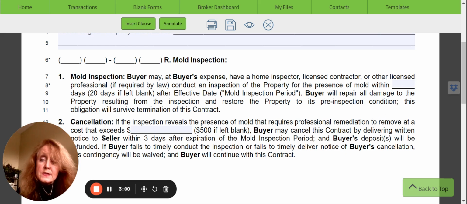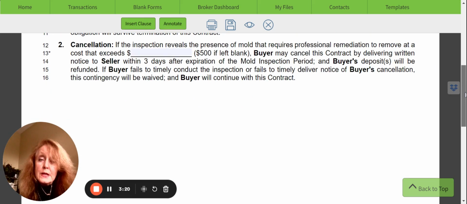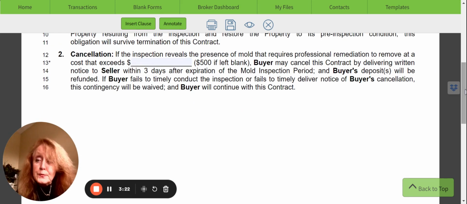You can't go in there and have an inspection, pull apart the wall, and then turn around and leave it for the seller to repair. That's why it survives the termination of the contract. Even if the repairs are not done prior to cancellation, they have to have somebody come in there and repair it. Now, it doesn't mean they're going to get rid of the mold. It's just that they're going to actually replace whatever portion of the wall that they opened.